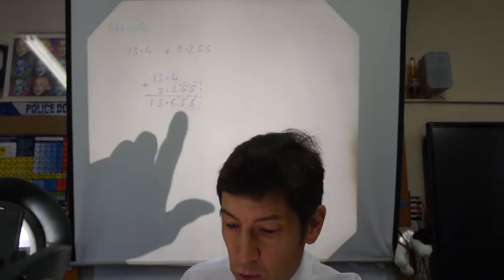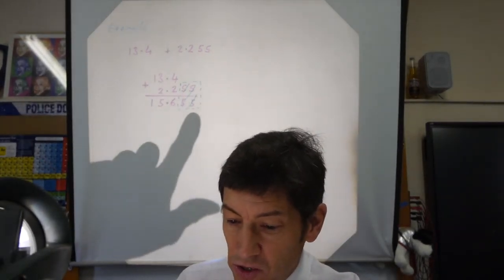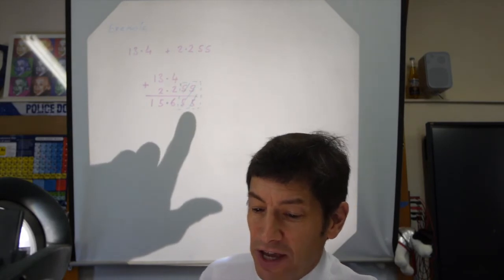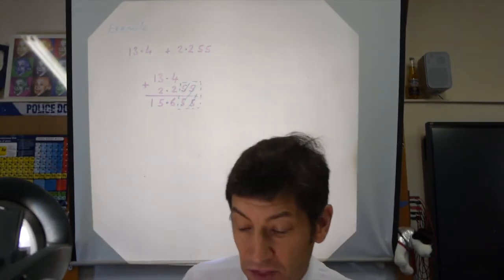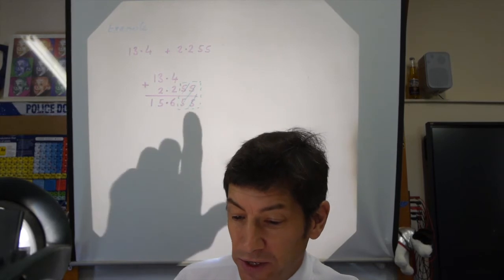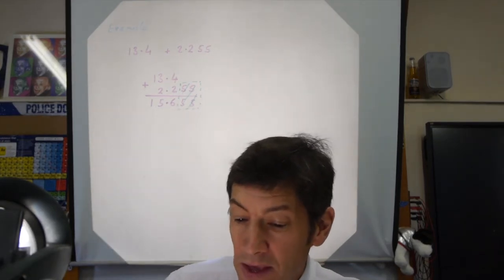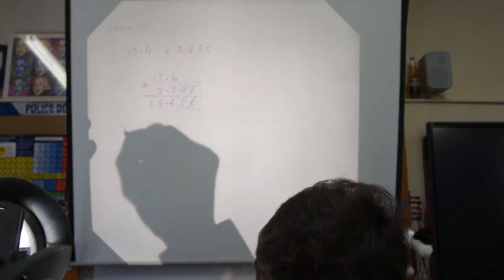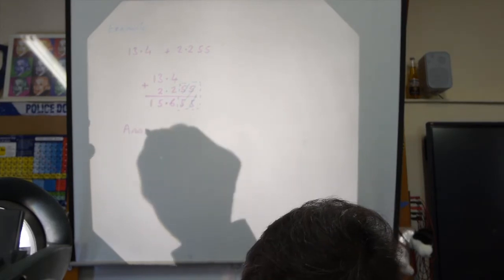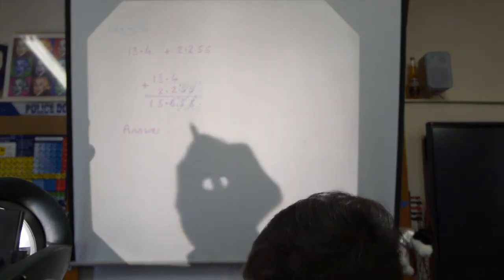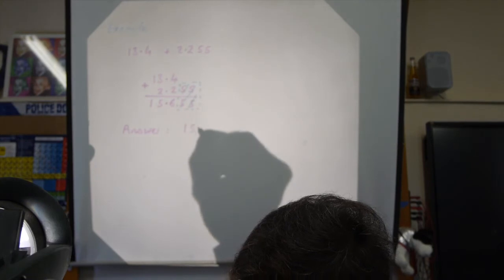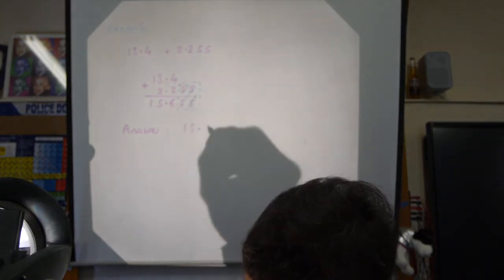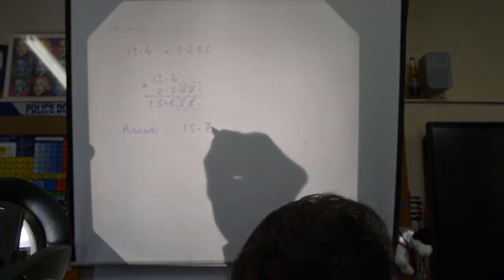Now, this is important, that you look at these numbers. I've done it purposefully, so there's a 5 there. Quite a nice way to do it is put a 9 there as well. So the answer here will be 15 point, and because of those 5s, 7.